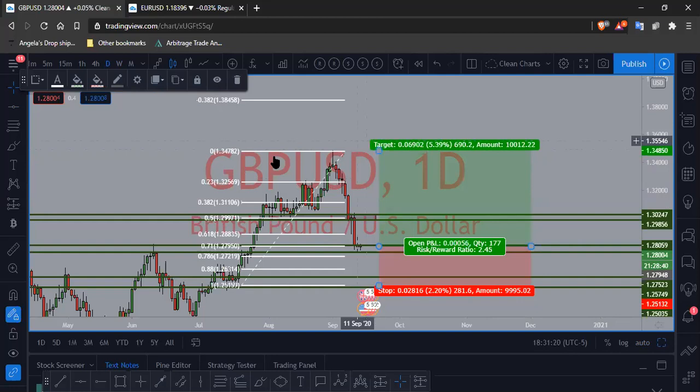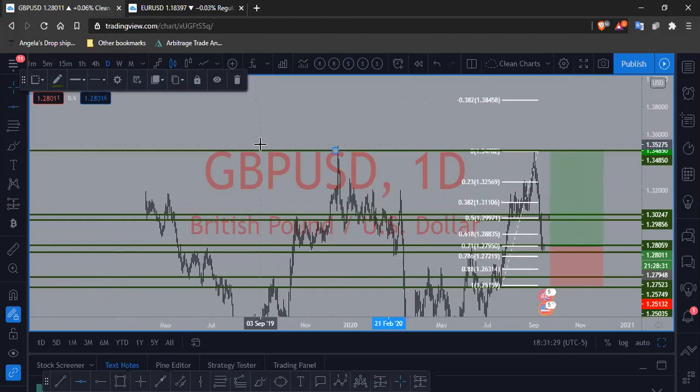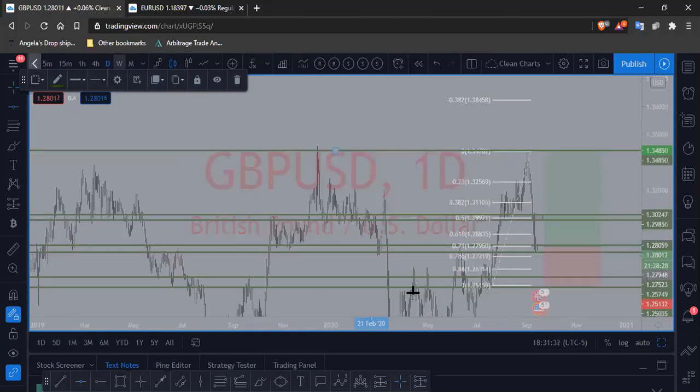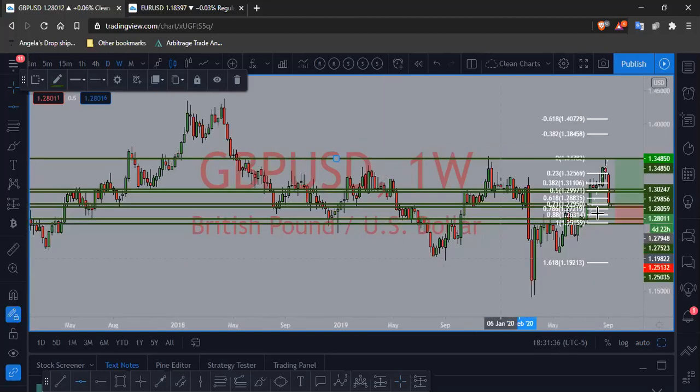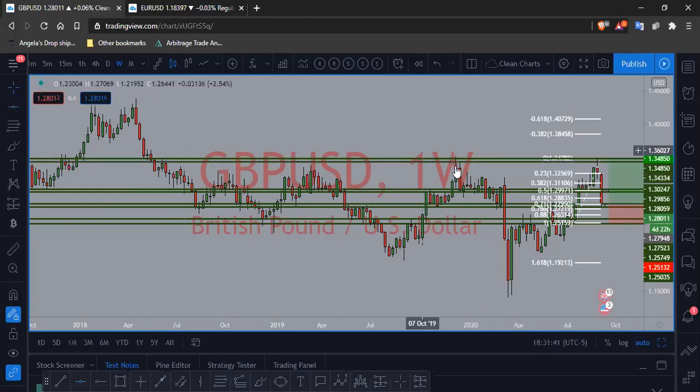Because let me see what happened last time when it broke here. Weekly time frame would be beneficial. Clear that out. Yeah, so last time price was up here was back in December 2019.